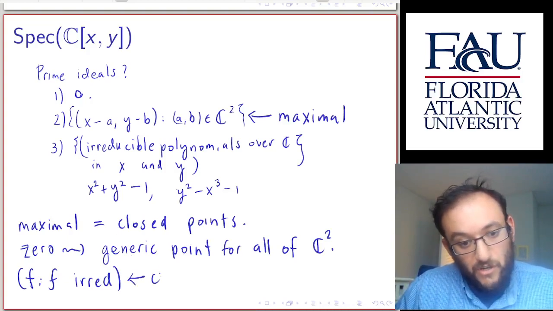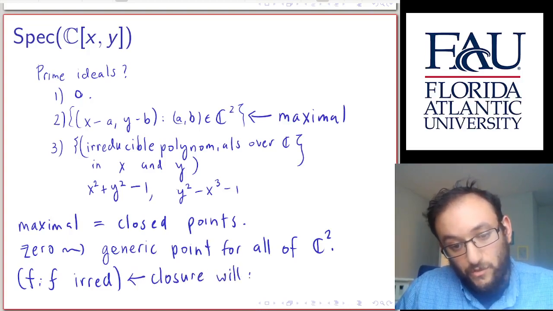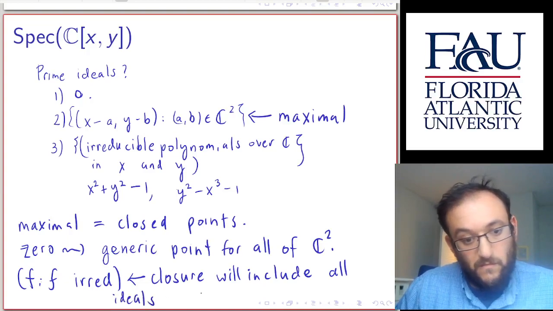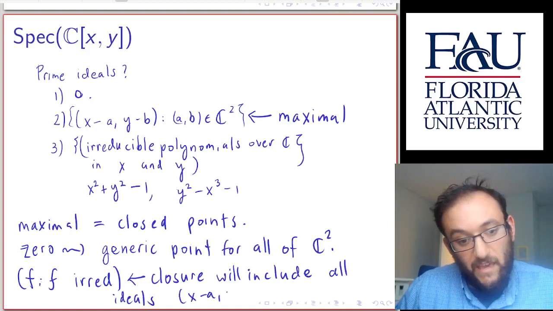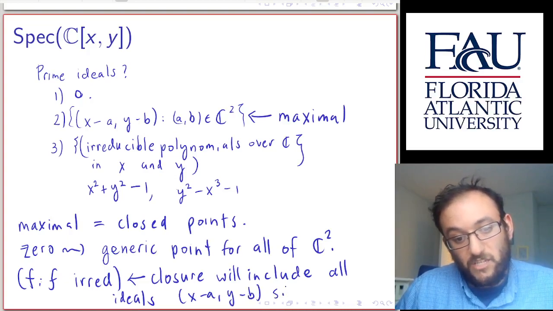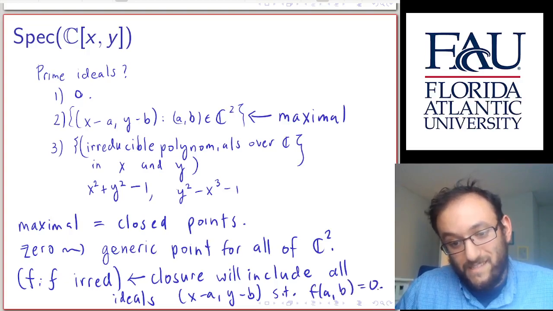The closure will include all ideals (x minus a, y minus b) such that f(a, b) equals 0.